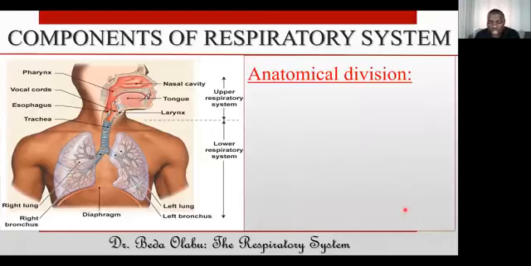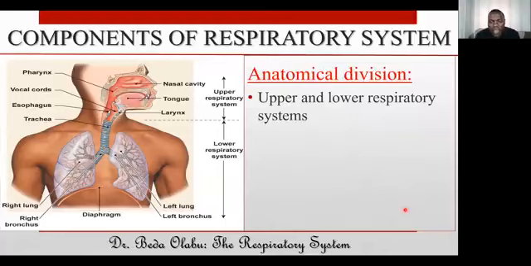The anatomical division of the respiratory system recognizes the upper and the lower respiratory systems. The junction between these two is the larynx, and this is the location of the larynx. The larynx is what we otherwise call the voice box.